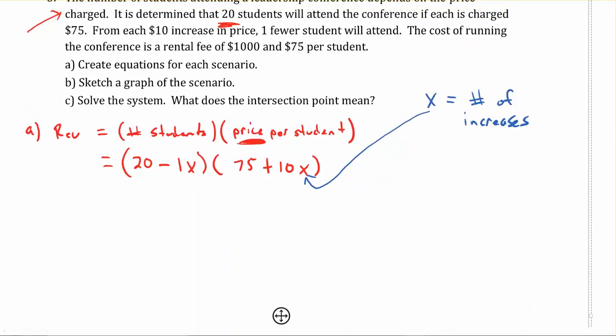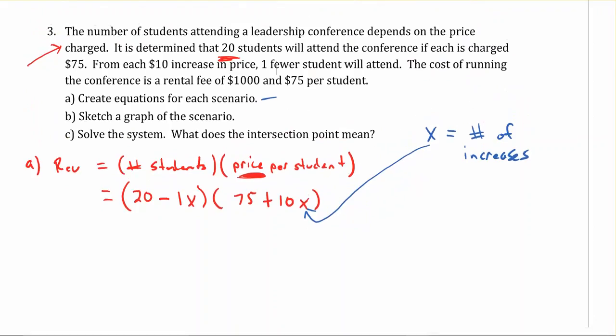So it says create for each scenario. So that's the first one, but we're going to have two of these, right? So the second thing says the cost of running the conference is a rental fee of $1,000 and $75 per student. Okay, so actually, if I go down here, I'm just going to write in red, I'll write that.